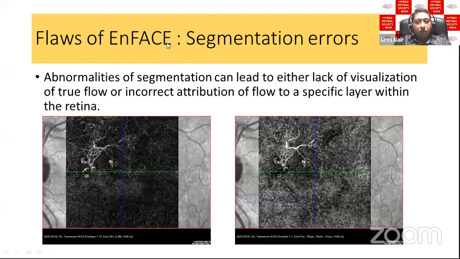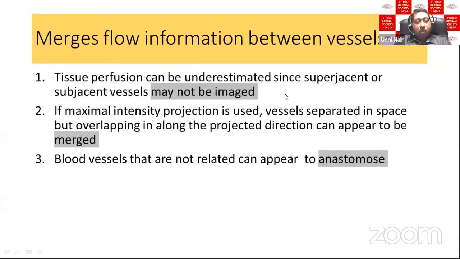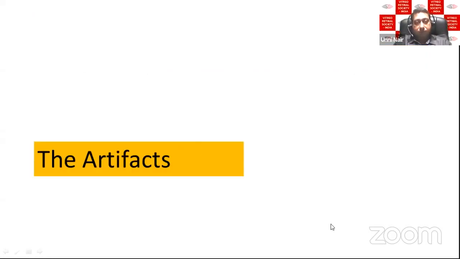This is an example of perfusion. Vessels at different layers appear to be merged, and some of them seem to have anastomosis because you're looking from the top and you're superimposing.